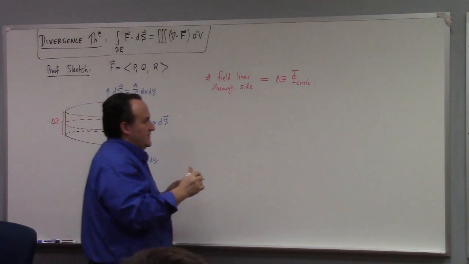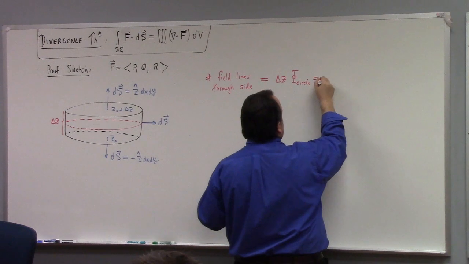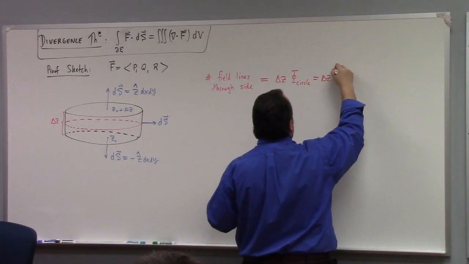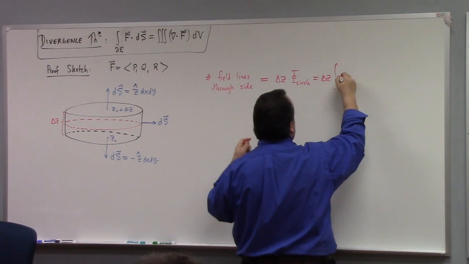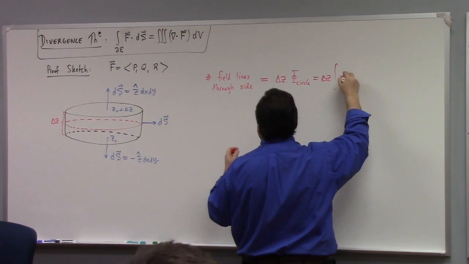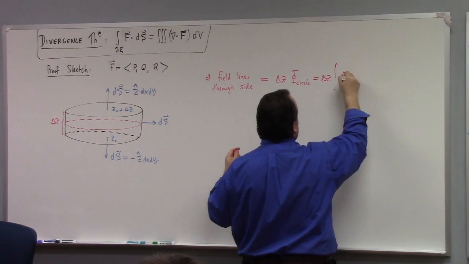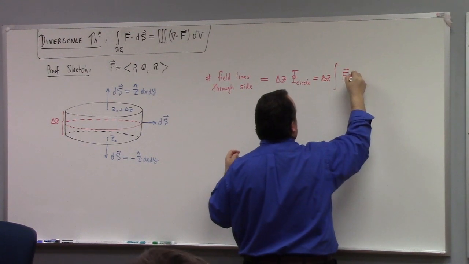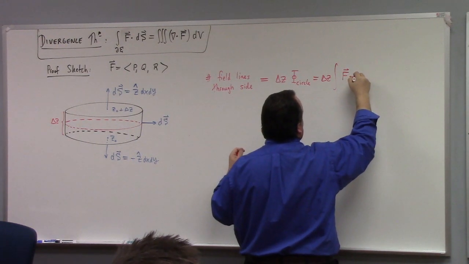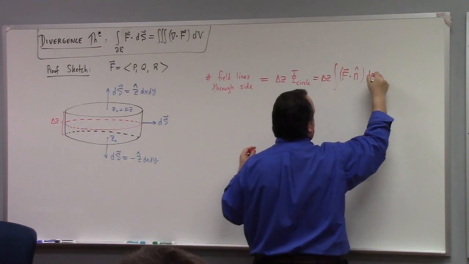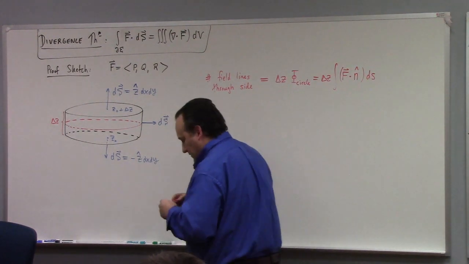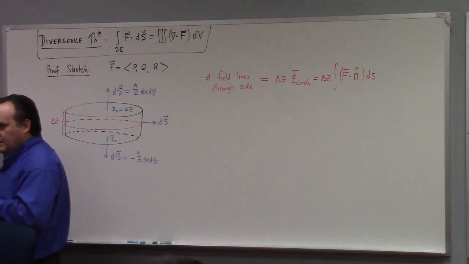My point is that this is delta z, and then the integral of F dot n hat ds, going back to how we defined the number of field lines through a curve.